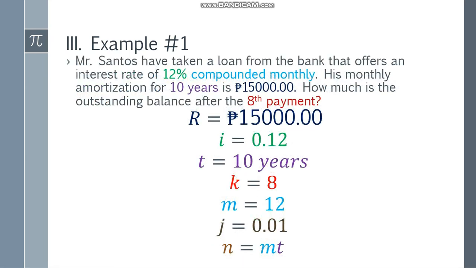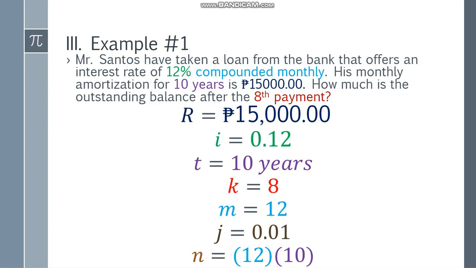So, simplify mo yung j. So, that will be 0.01. At para mahanap naman yung n, that will be m times t. At ang m natin ay 12. At ang t naman, that will be 10.